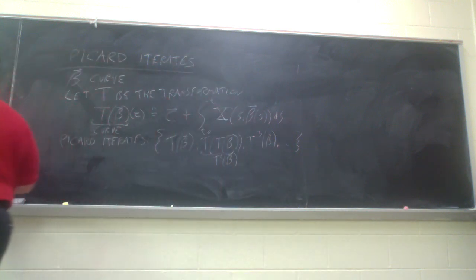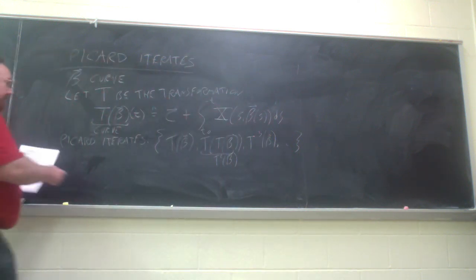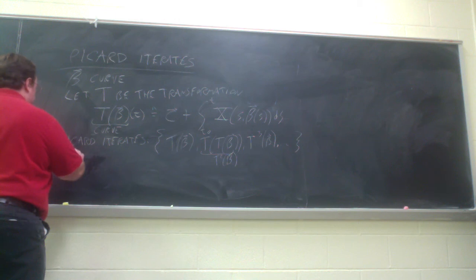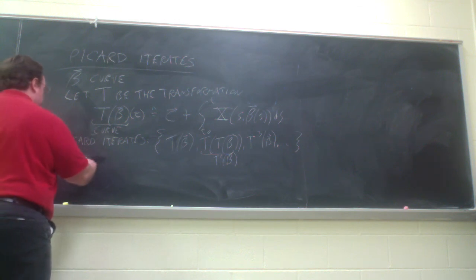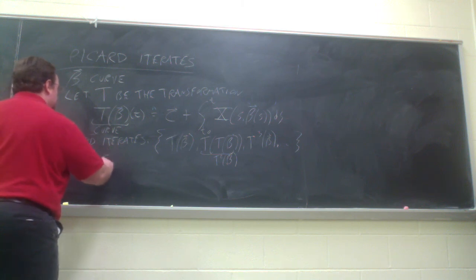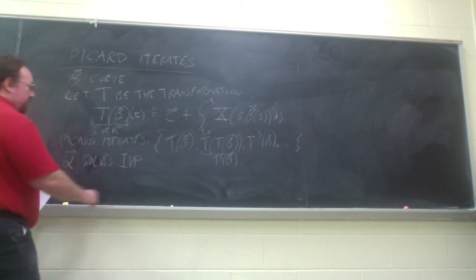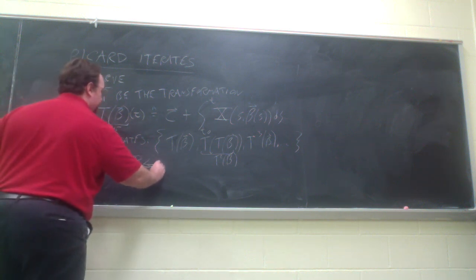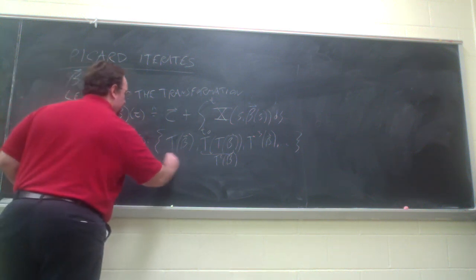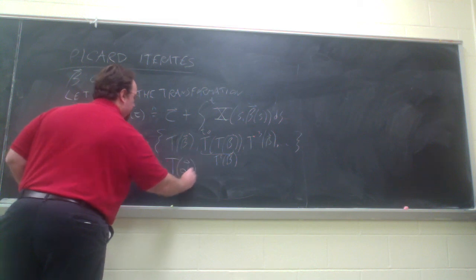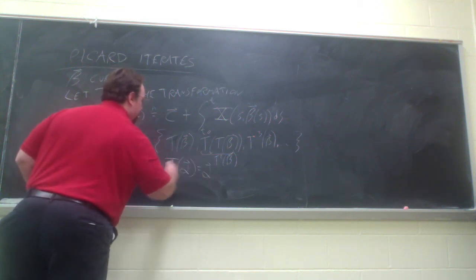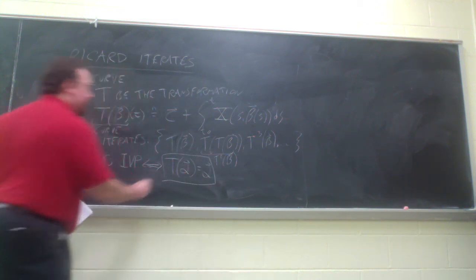Because a curve alpha is a solution of our original initial value problem if and only if t of alpha is equal to alpha. Okay.